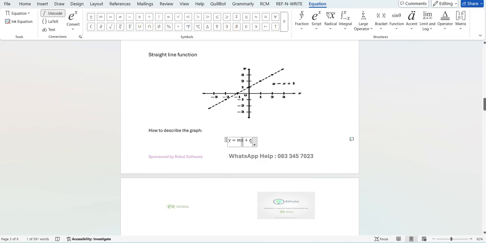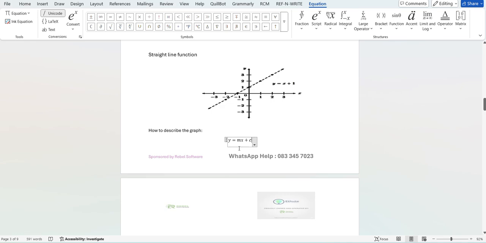Then c is the y-intercept, because if x becomes 0, then we know that y must be equal to c. For here, as you can see, when x is 0, y is 1. From the formula, y equals m, which is 1, times x, our input, plus 1, which is our y-intercept.